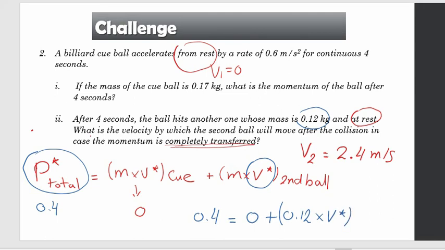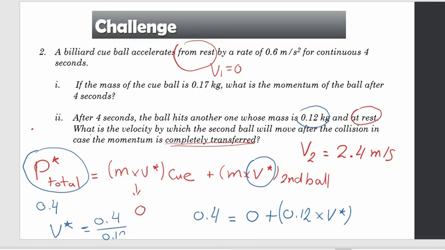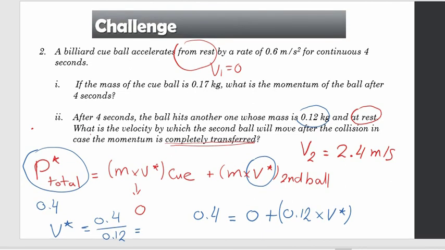This means that v star is equal to 0.4 divided by 0.12, which is 3.33 meter per second. So this is the velocity of the second ball after the collision.